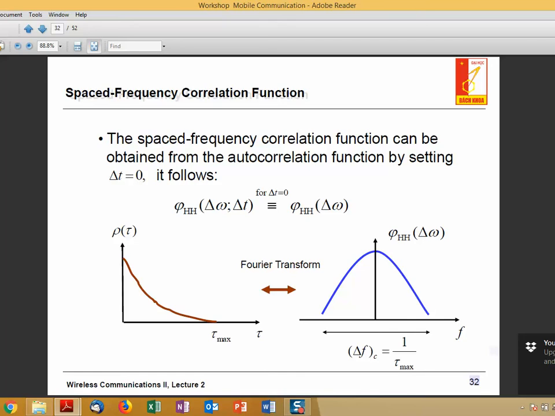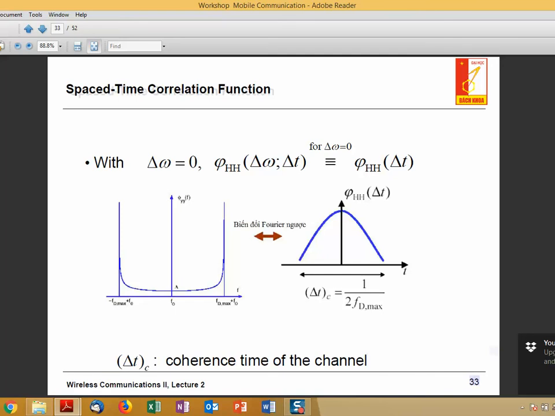I have explained that we can prove that the frequency correlation function is the Fourier transform of the delay profile. That's what I explained in the morning session. Also, the time correlation function is the inverse Fourier transform of the Doppler spectrum.